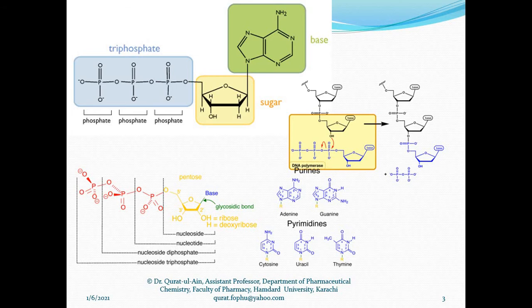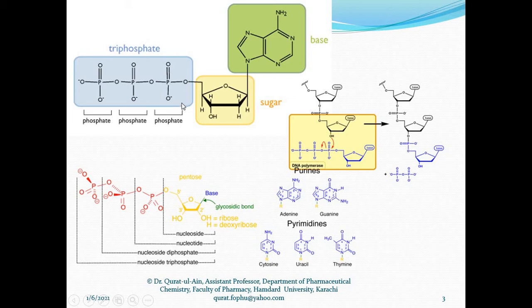We will talk later about the other bases of the nucleotide, but right now you have to keep in mind that a nucleotide is composed of three parts: a base, a ribose sugar, and a phosphate group.